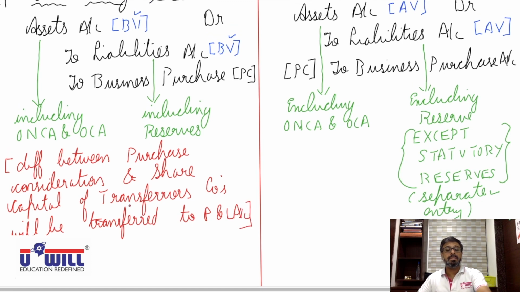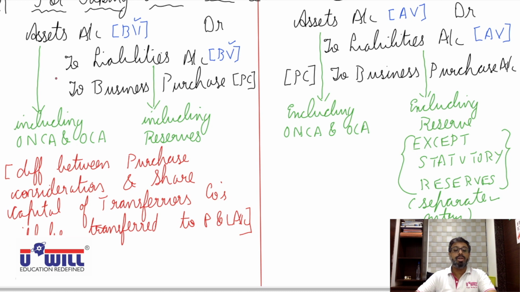So if it is debit balance remaining, then it's a loss, it will be transferred to P&L account debit. If it's credit balance, it's a profit, it will be transferred to P&L account credit.